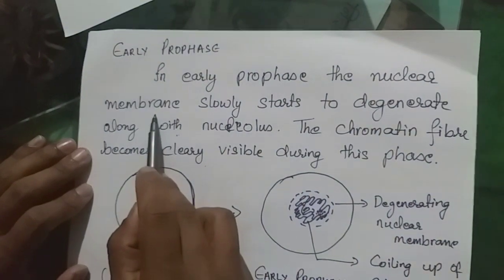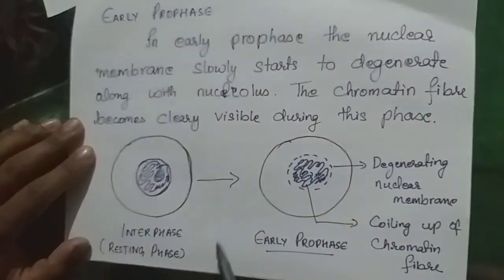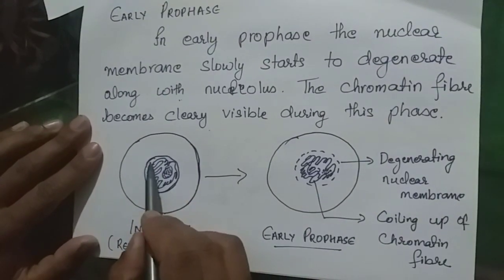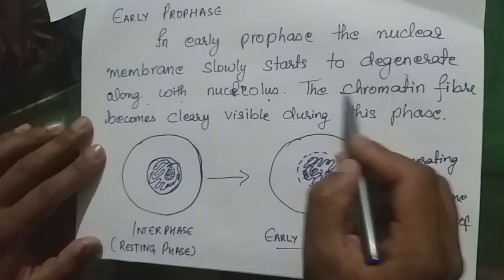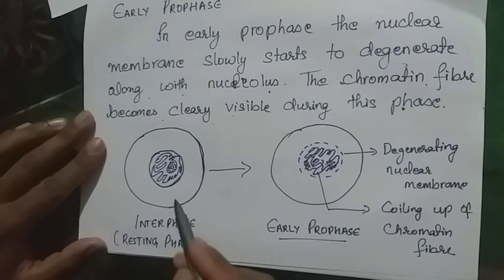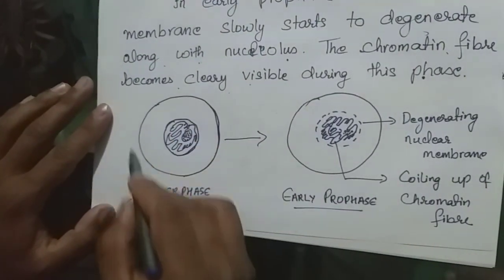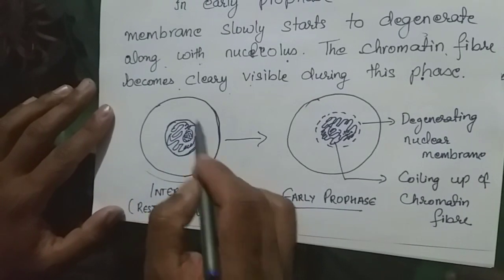In early prophase, the nuclear membrane slowly starts to degenerate along with the nucleolus. The chromatin fiber becomes clearly visible during this phase. You can see over here, this is the interphase or resting phase of the cell, so there is no cell division occurring.